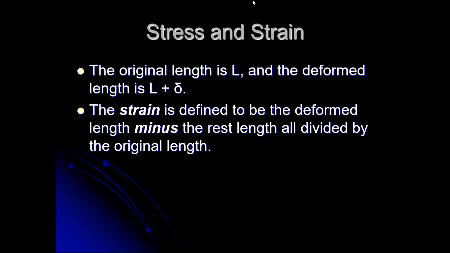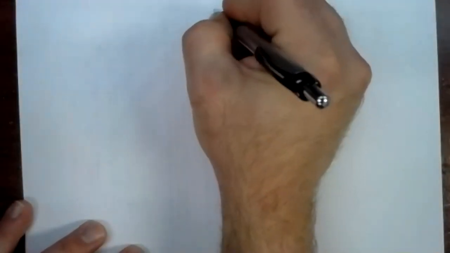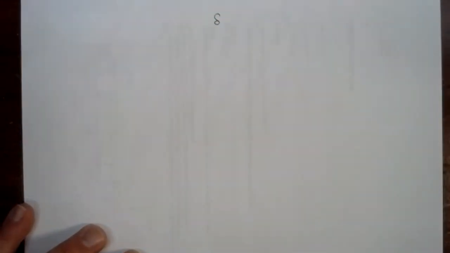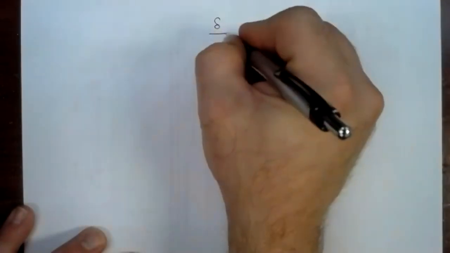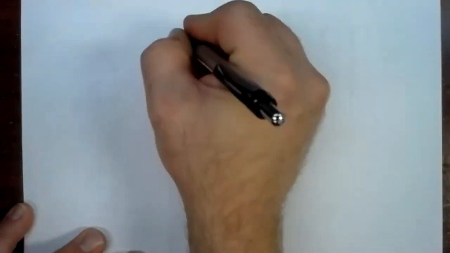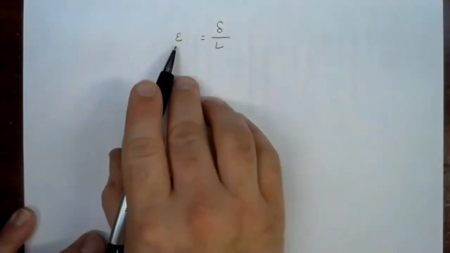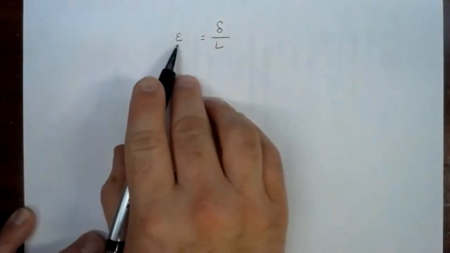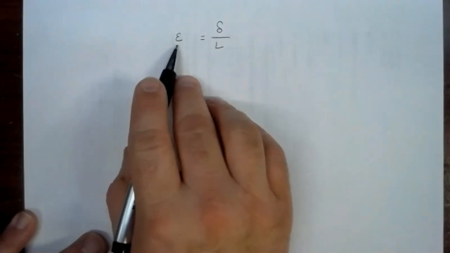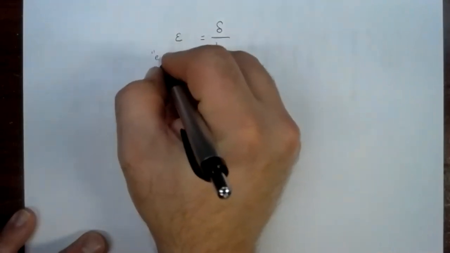So switching over here. If we have an elongation, delta, and we spread that out over the length, and mathematically spreading something out is dividing, we get a measurement that we call the strain. And the strain uses this funny looking little letter, sort of a curly E. We call that epsilon.